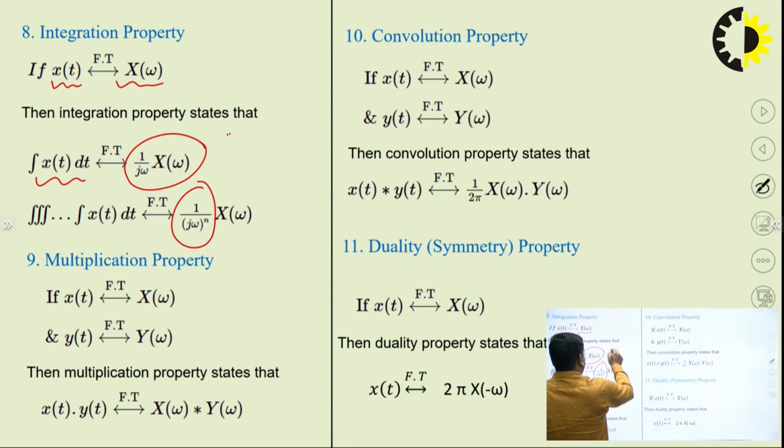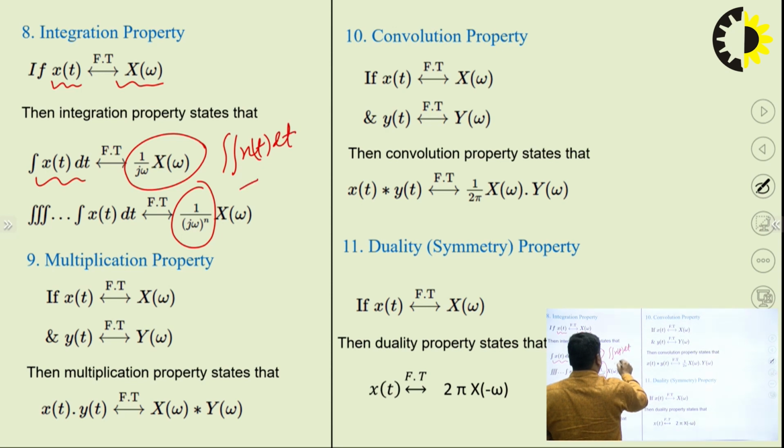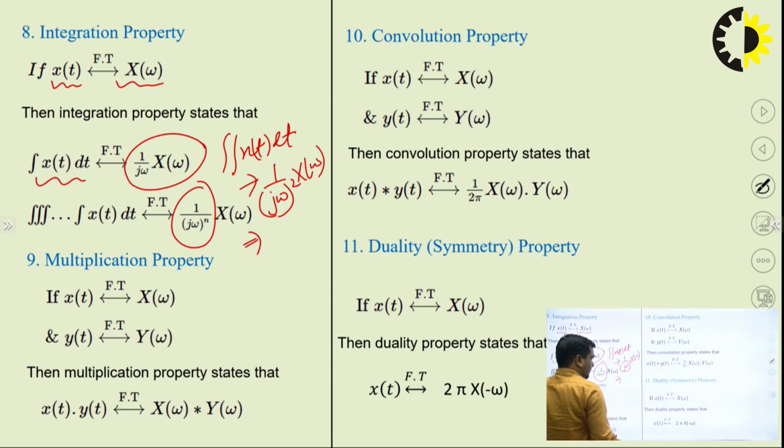Let's take, if you are integrating 2 times, then the Fourier transform becomes 1/(j omega)^2 X(omega), and that is minus 1/omega^2 X(omega). That is quite similar to the differentiation properties.